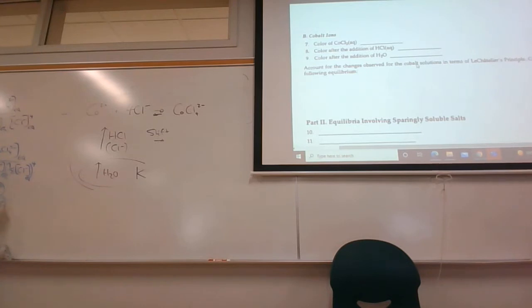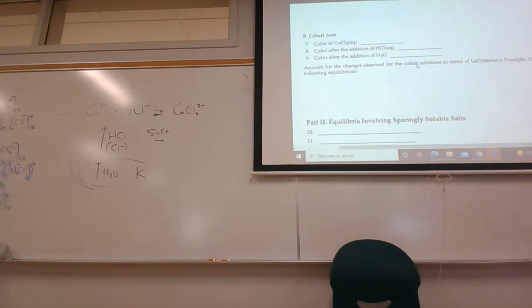This will be at equilibrium, this will be at equilibrium, this will be at equilibrium. But what we're going to see is this is no longer at equilibrium, because it's no longer going to equal K.